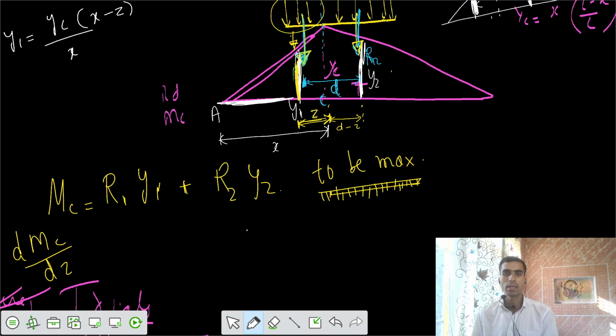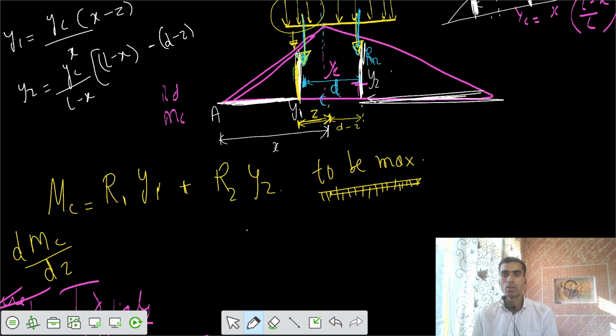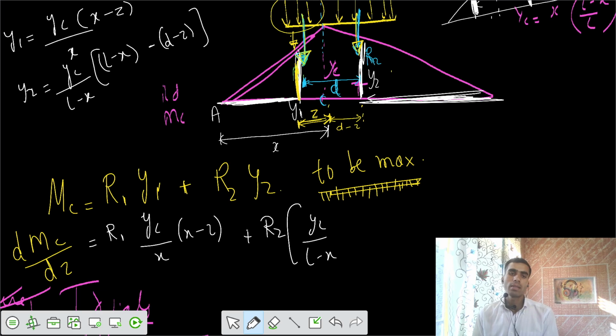And y2, similarly from the other side, yc was for the length L minus x, but I need it for the length L minus x minus d plus z. Then I can solve this. So Mc is equal to r1 times yc by x into x minus z, plus r2 times yc by L minus x into L minus x minus d plus z.